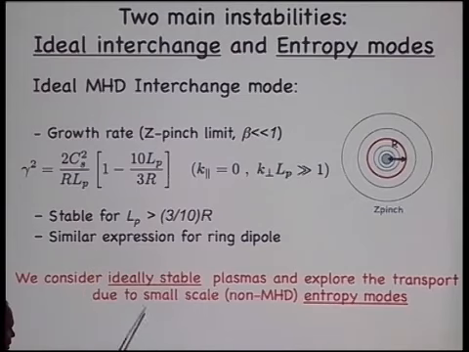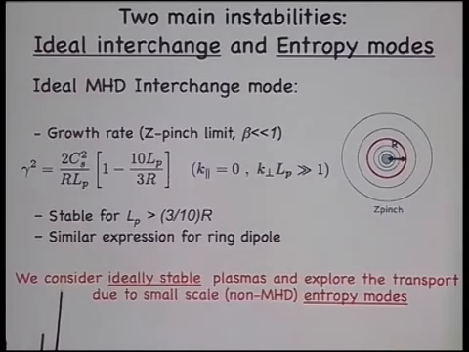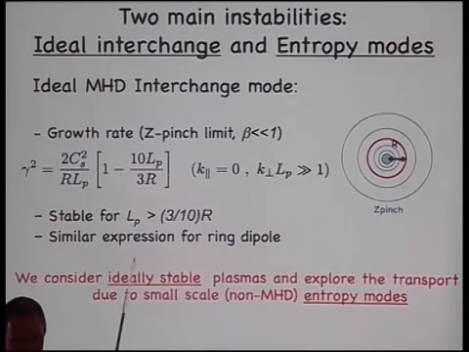The logic behind this is that usually if you're unstable to ideal modes, your confinement is really bad. Whether or not they're there yet, that's certainly where they would like to be operating, in an ideally stable regime, in order to have good confinement in their machine.